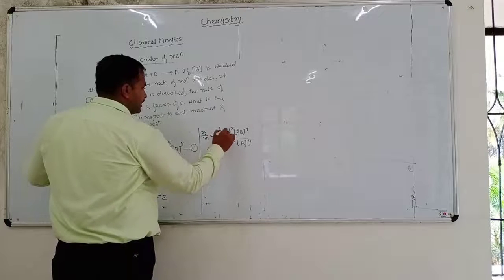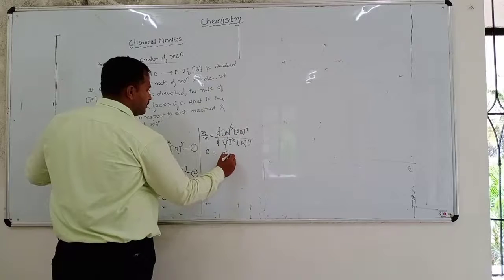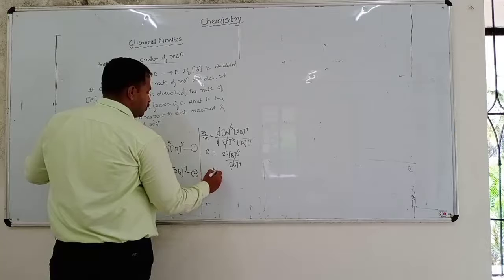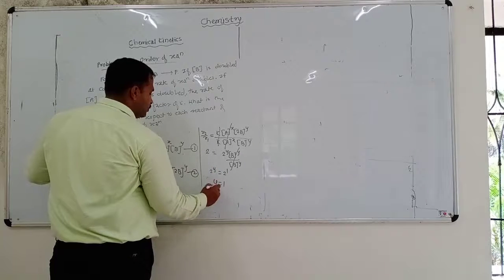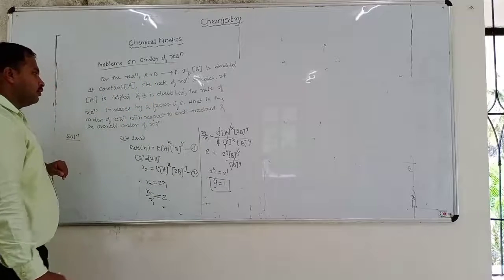K cancel होईल. 2 raised to Y is equal to 2 raised to 1, therefore Y is equal to 1. इथं आपल्याला काय मिळालं, Y is equal to 1.